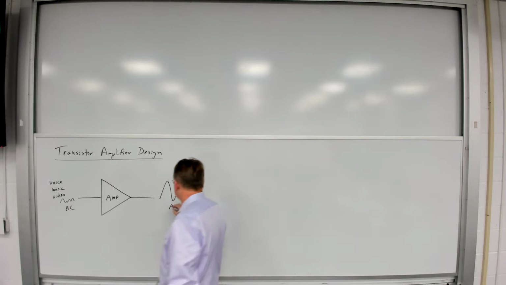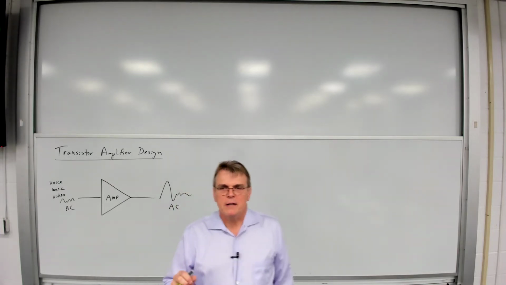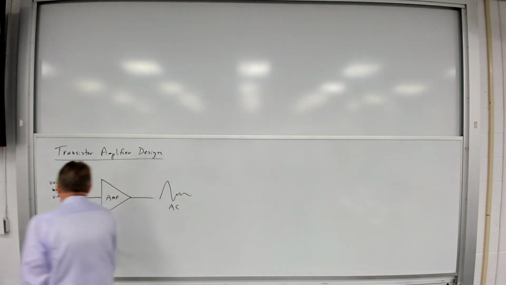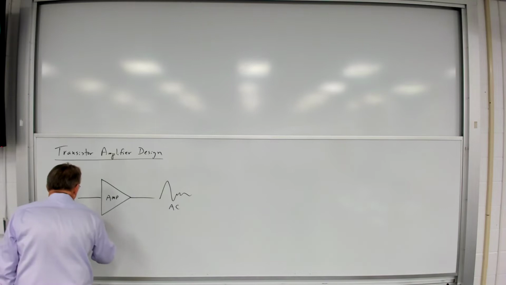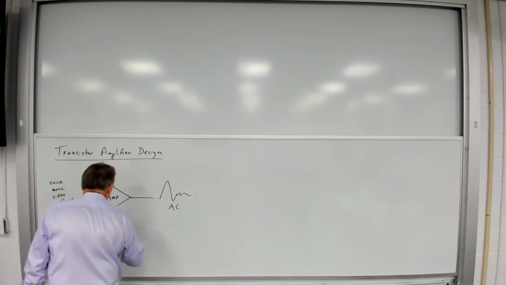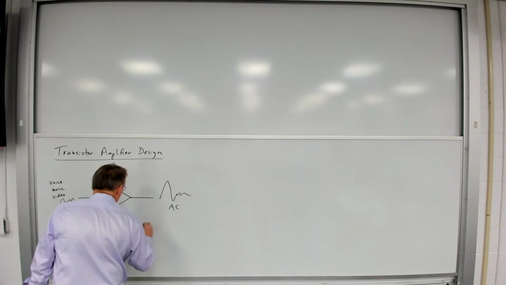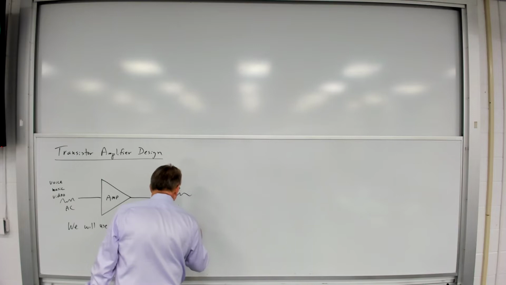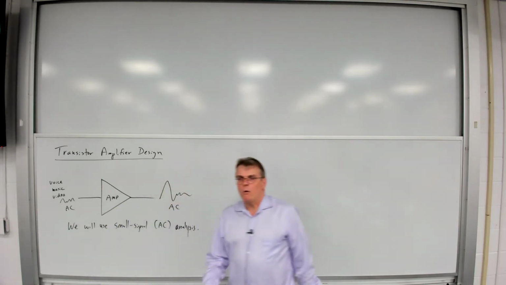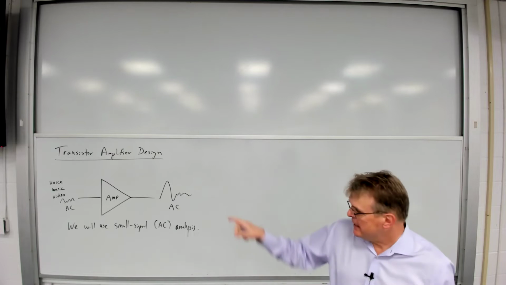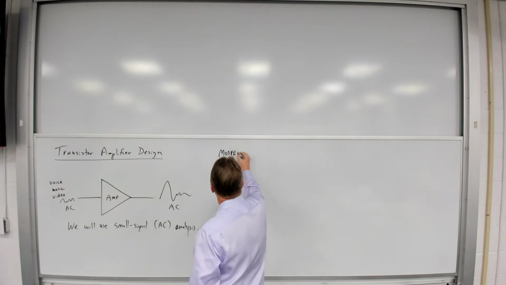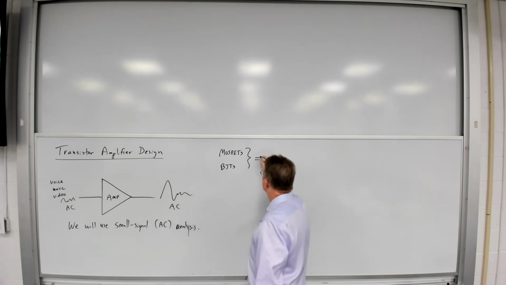So since we're going to be dealing with AC signals, time-varying signals, we are going to need to analyze amplifier circuits in the small signal domain. So we're going to require small signal analysis. Which means if we're going to use BJTs and MOSFETs in these amplifier circuits, then for both MOSFETs and BJTs, we're going to need small signal models for both.